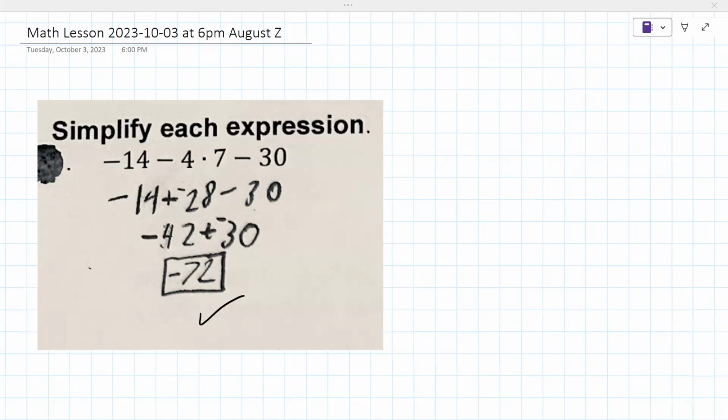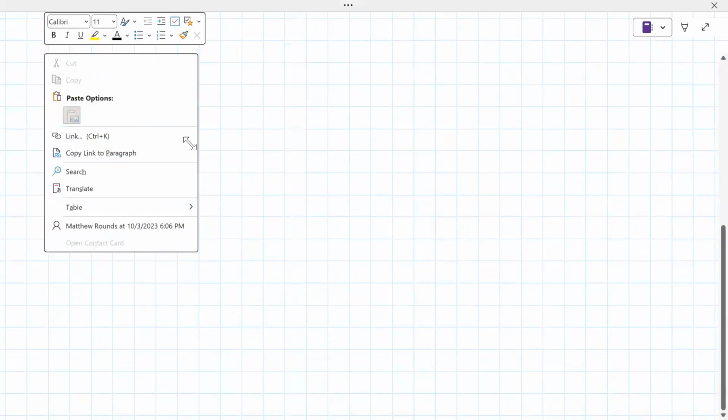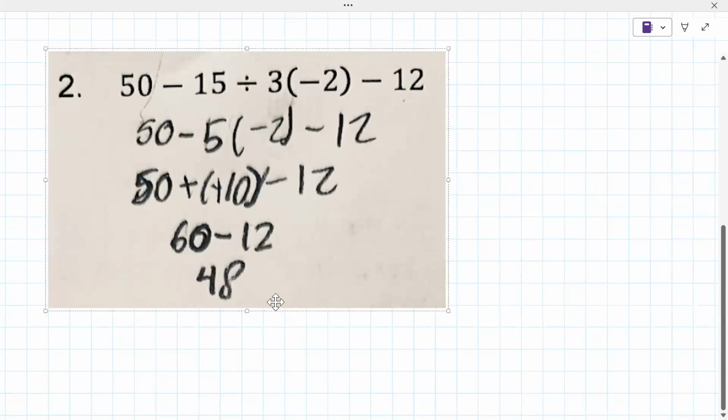And then, all right, so it looks like you divided, then multiplied, positive 10. That's good. You're doing really well here.